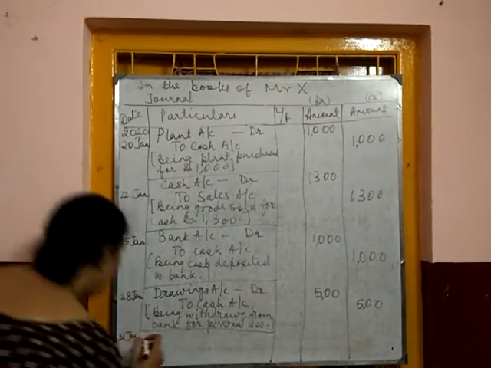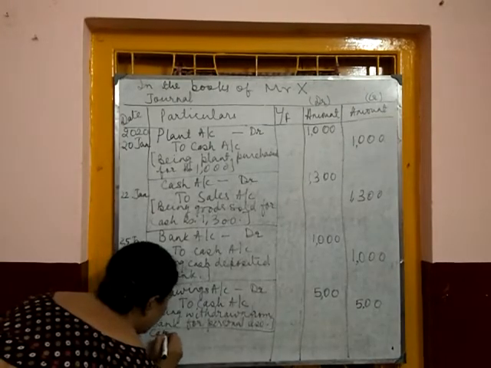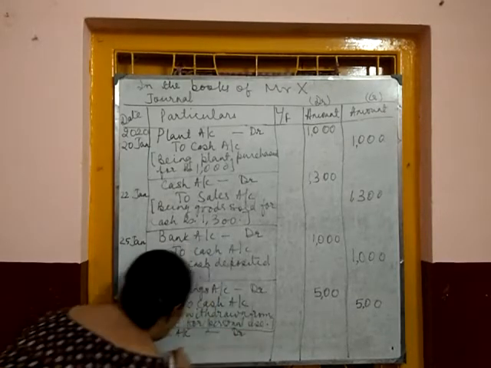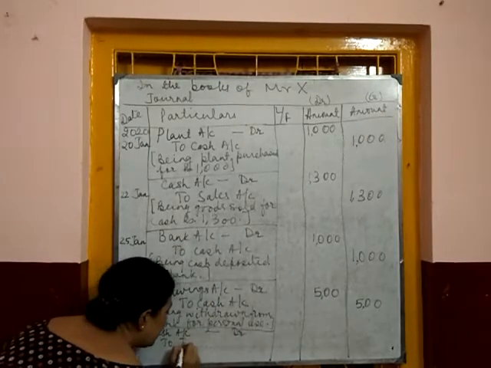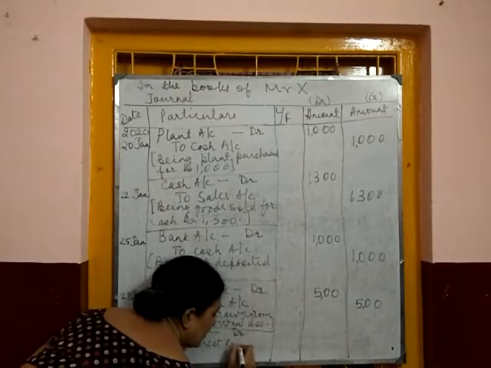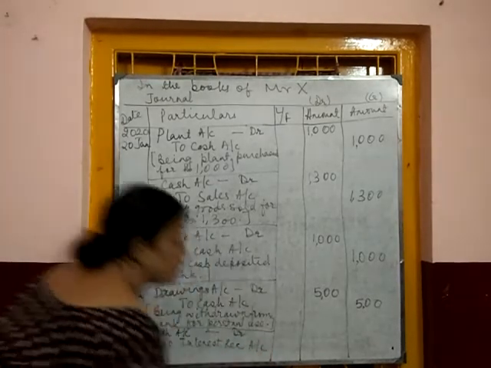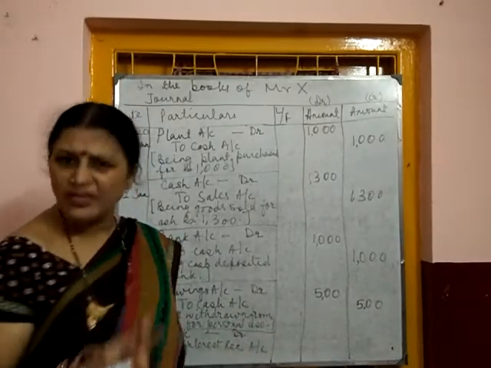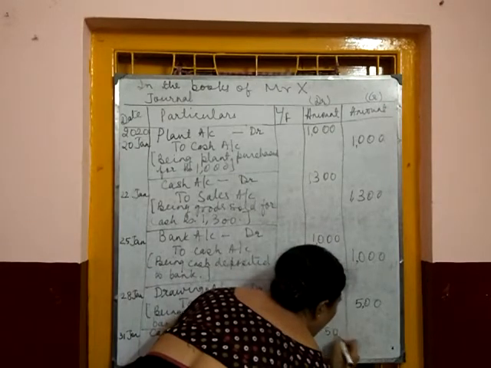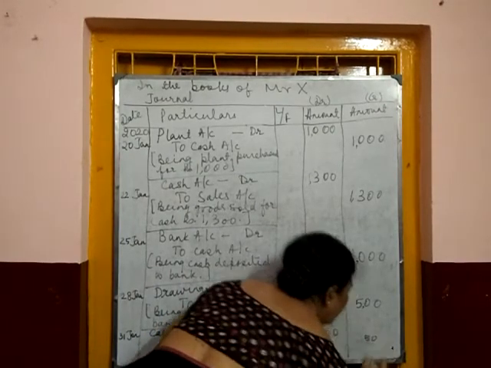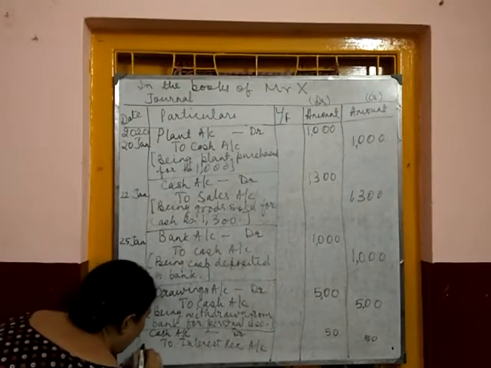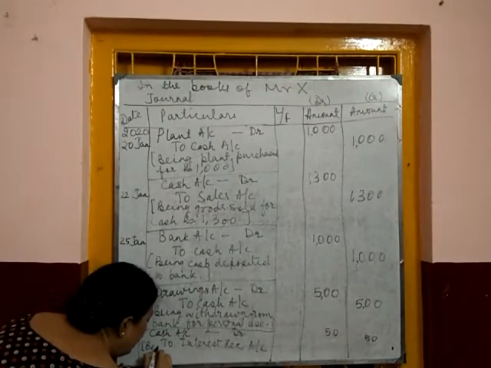We will write cash account debit to interest account. Interest received account, we can say. How much? Say suppose 50 rupees. So we will write 50 here and 50 here. Clear? And after this, again we have to write the narration.